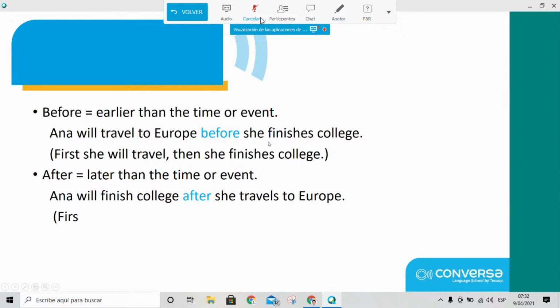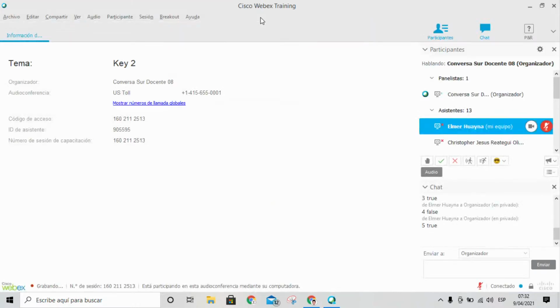And the first action, when you use before, is here at the end. When you employ after, the second action is at the beginning. So be careful with this, okay? But the idea is that you indicate the order of events. Correct? That's the use of after and before.